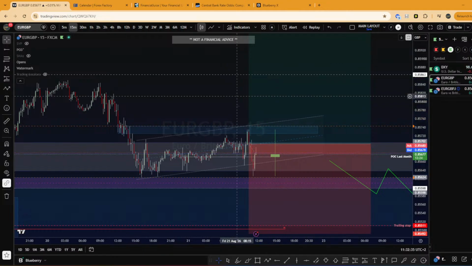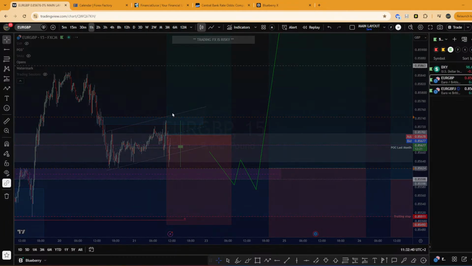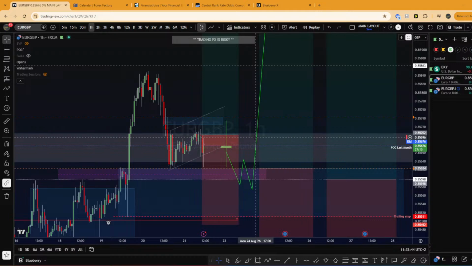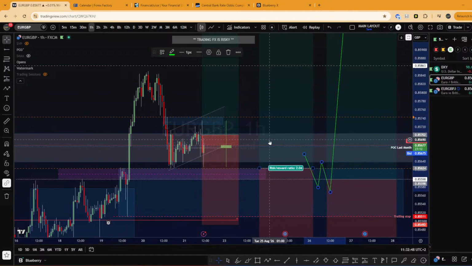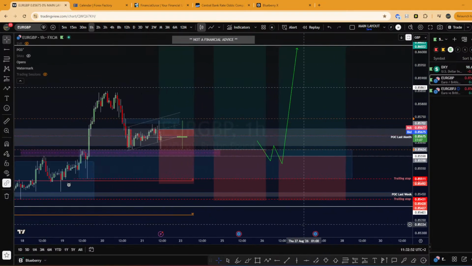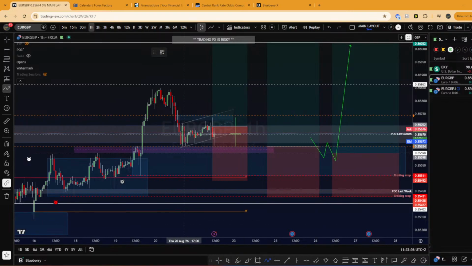This could be very interesting, but we have not broken this yet. So maybe at the New York session, who knows? Let's see. Another break above, something like that.